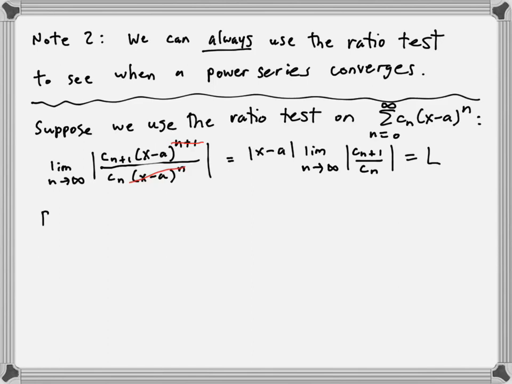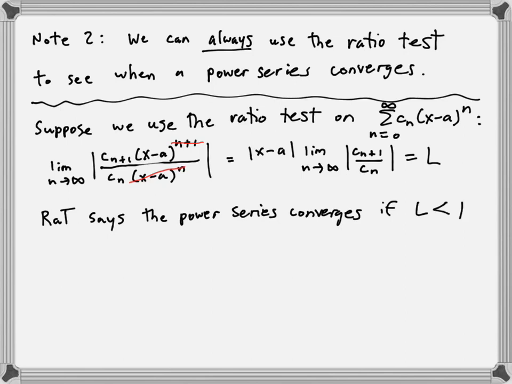We know that the ratio test says that the power series converges if L is less than 1 and diverges if L is greater than 1, and no info if L is equal to 1.